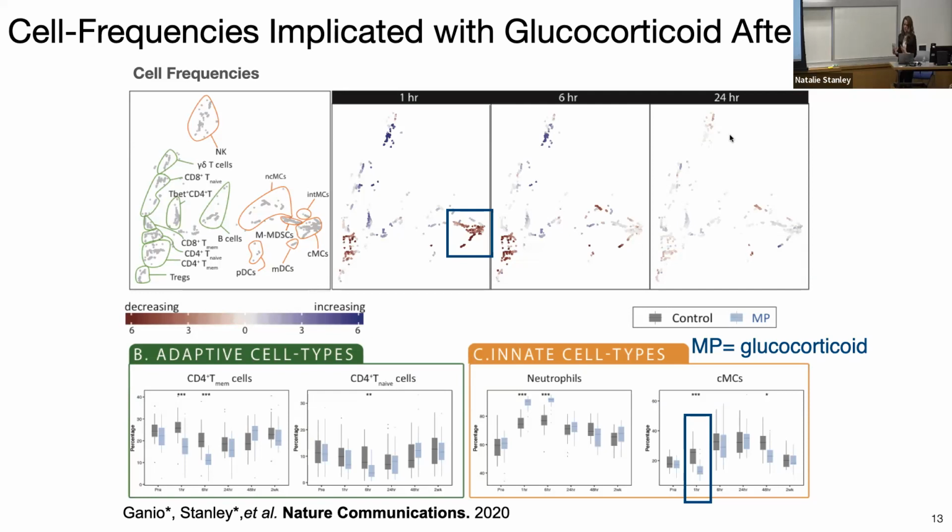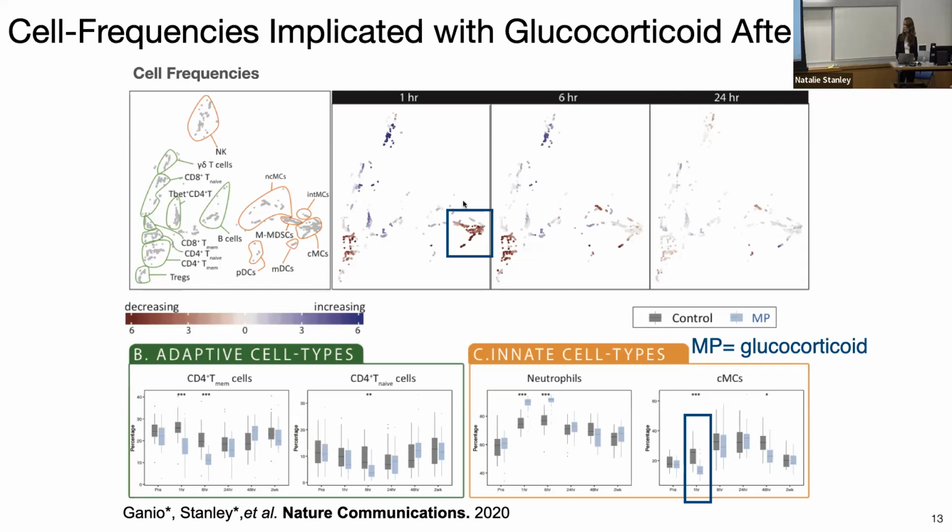But I'm mostly using this example to illustrate how we could package this information and extract information from it. So this was a longitudinal data set, and I'm showing you here visualizations for 1 hour, 6 hours, and 24 hours after surgery. And so you can use a map like this. For example, if we look at classical monocytes here, they're really red.